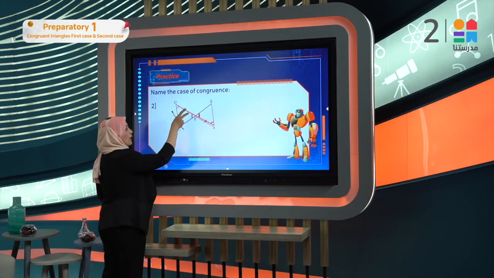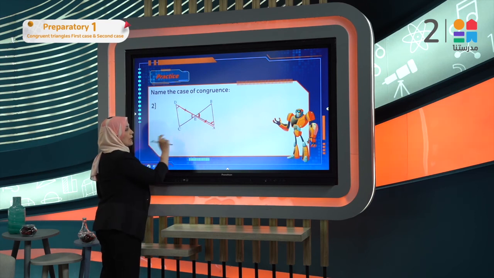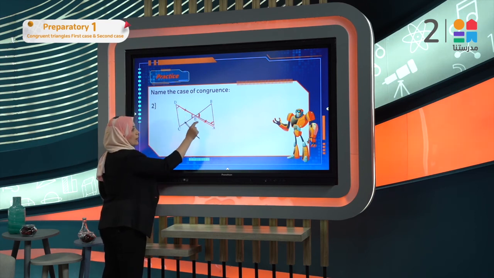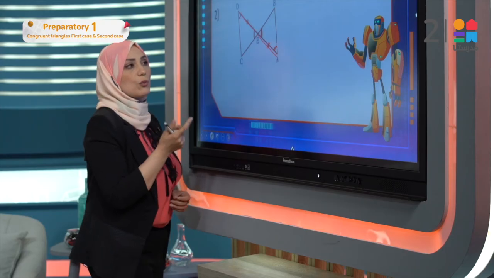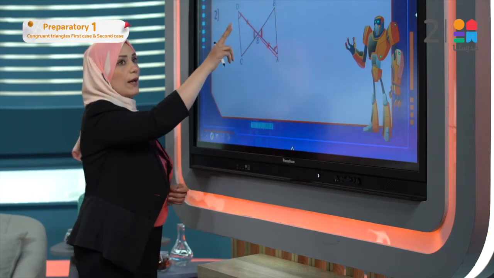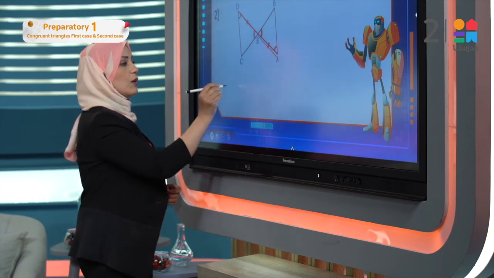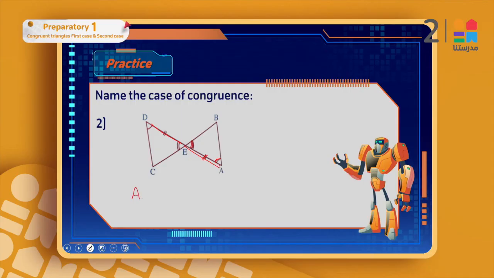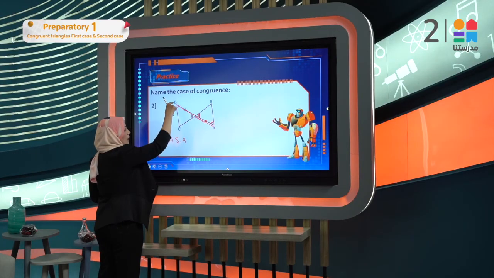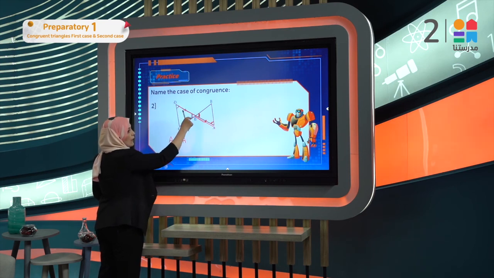And at the top, we have also two angles, and one congruent side in each triangle. So which case do we have? I said two angles and one side. So angle, side, angle. So angle A, side AE, then angle E. The same here, angle D, then side DE, then angle E.